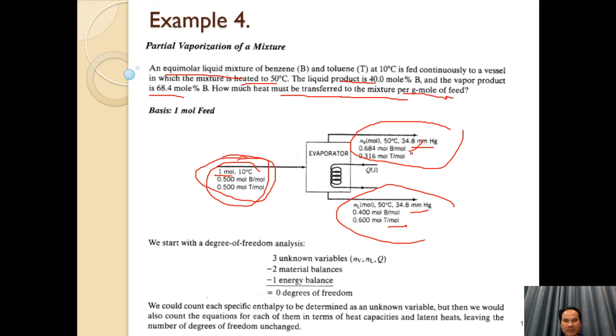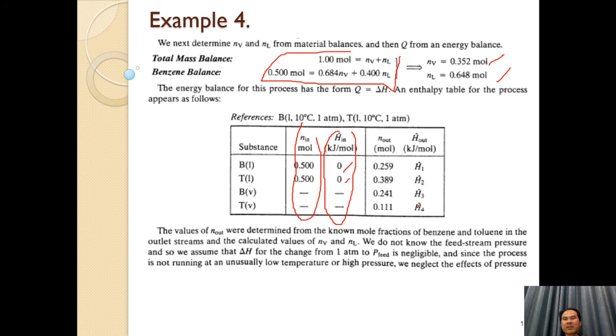In this case, you have to evaluate H1, H2, H3, H4. H1 is the enthalpy of benzene liquid output. H2 is the enthalpy associated with toluene liquid phase output. H3 is the enthalpy associated with the benzene vapor output. H4 is the enthalpy associated with the toluene vapor output.